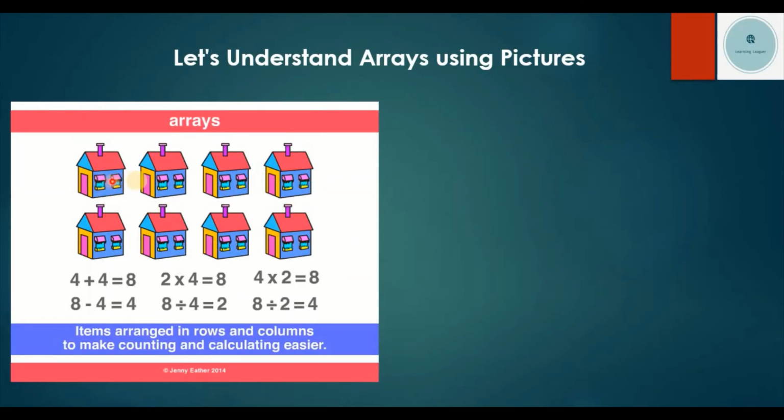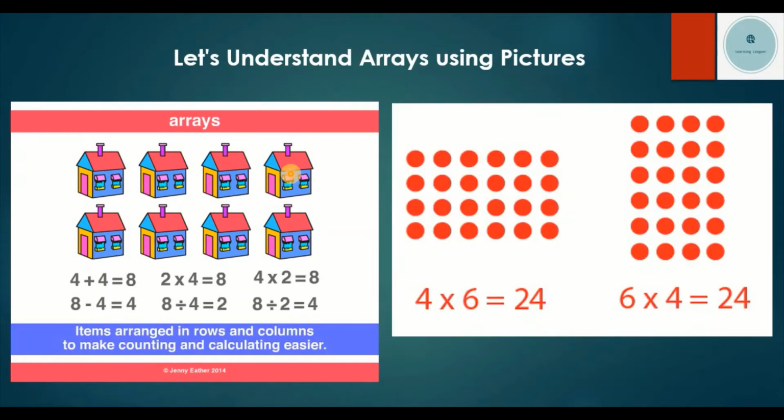If I consider the first row, how many columns can I see? First, 2, 3, 4. So I have a total of 4 columns. The arrangement of these houses in the form of rows and columns is called an array. Is it clear? In another example, we can see dots. Red dots have been arranged in 4 rows and 6 columns.